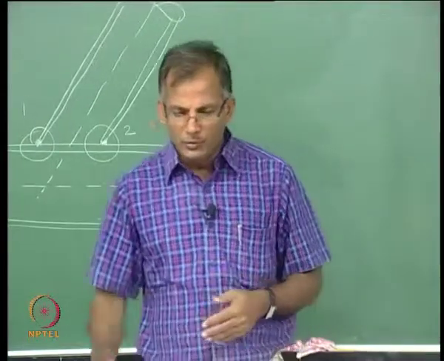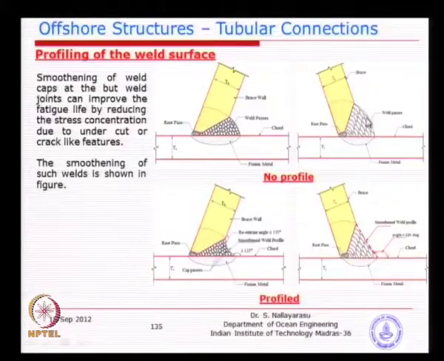Now, if you try to do grinding, by means of removal of the weld material to form a smoother surface, just take away this material to get the surface tangential to the brace wall thickness and join nearly tangential to the chord wall thickness.